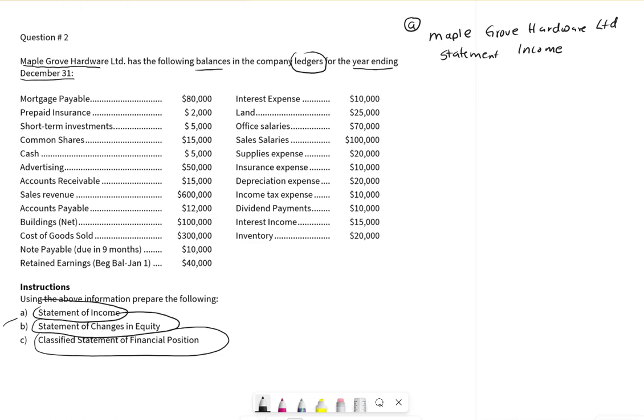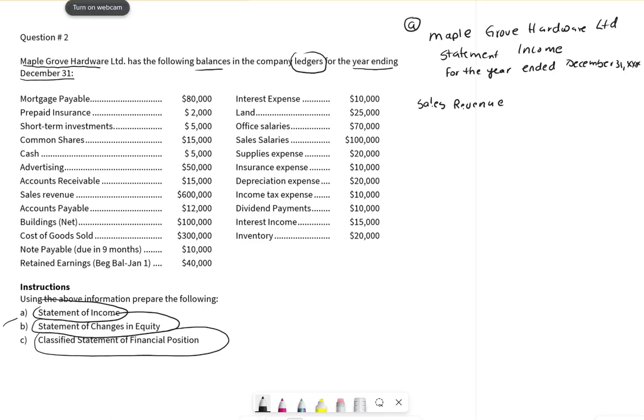So I'm going to have it for the year ended December, no short forms, 31st. And in this case, we don't know what year, so we're going to leave that blank. When you have it, you start with your revenues. The first one is sales revenue.